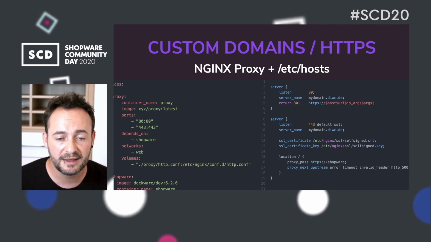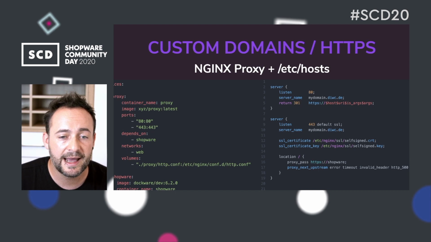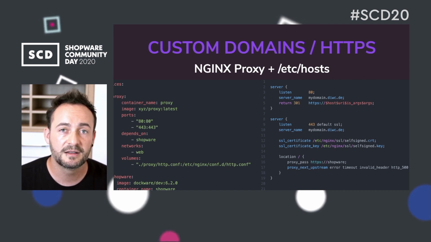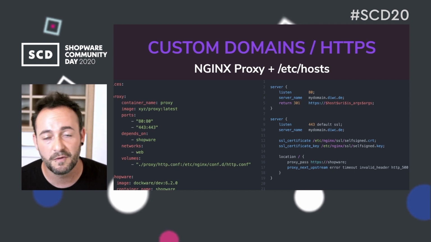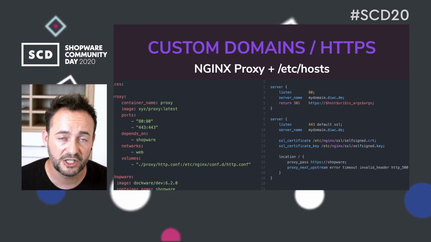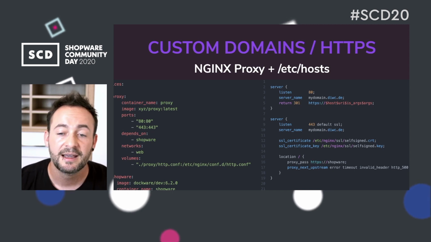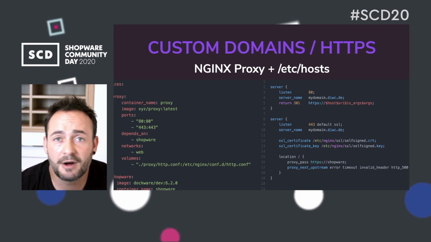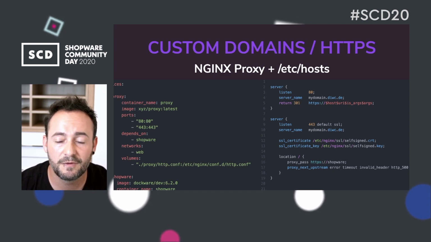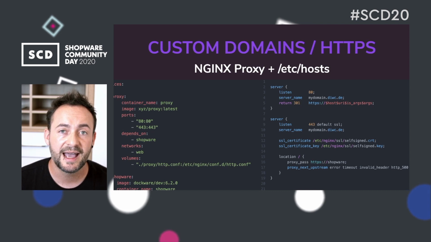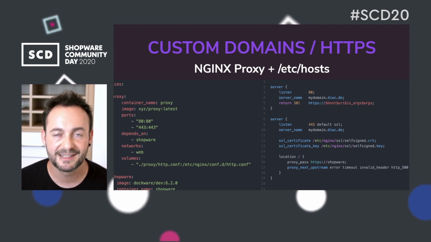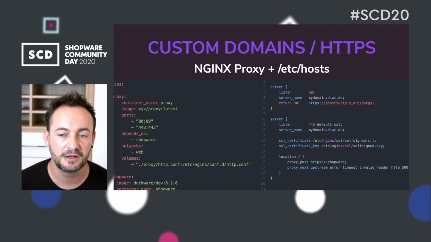And then on the left side, you see an Nginx proxy that we use. That one gets the ports 80 and 443, and also an additional configuration that you can see on the right side. And there we just configure our virtual host. So we have our SSL 443, we have SSL certificates, which are already pre-installed self-signed certificates that you can use.